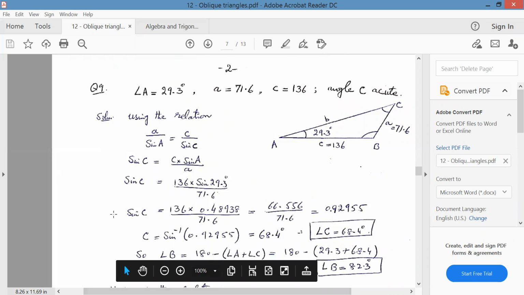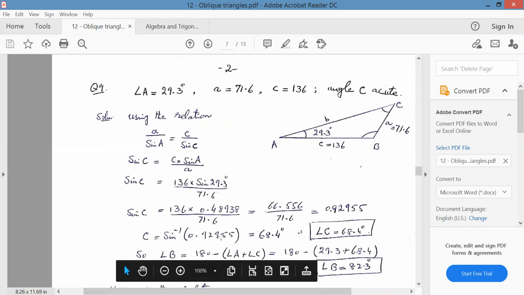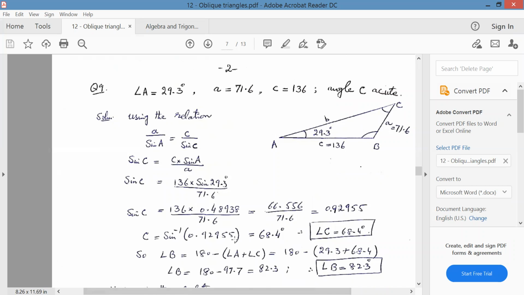So angle C will be equal to sine inverse of this value you got, that is 0.92955. And by pressing your shift button, you'll get the sine inverse and insert this value. I hope you can find the value of the angle from your calculators. You must know how to use that.